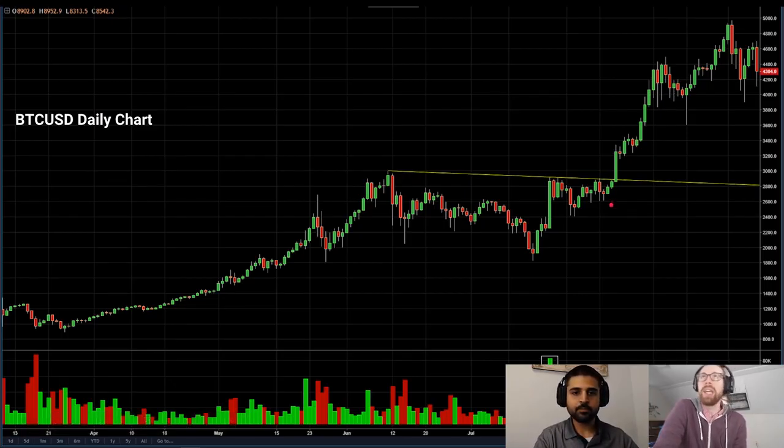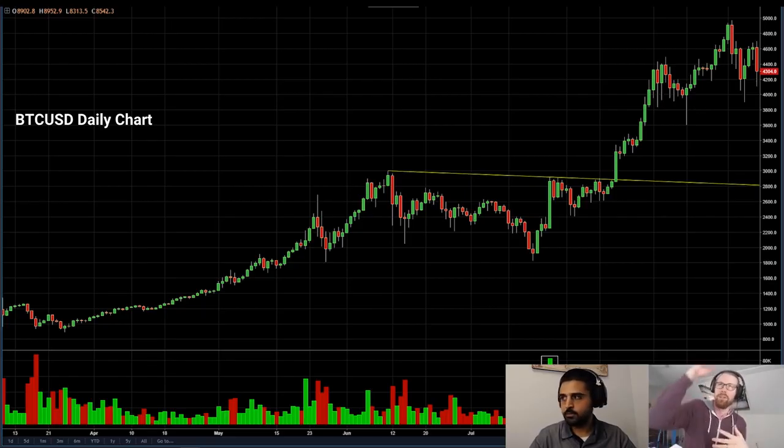And likewise, when we see drops or periods of consolidation, we like to see that they're on lighter volume in a lot of ways, because that indicates more churn rather than panic selling. So, a little bit of a drop, but it pops back up on light volume. That's not as concerning as when we see a drop on really heavy volume, like back here.